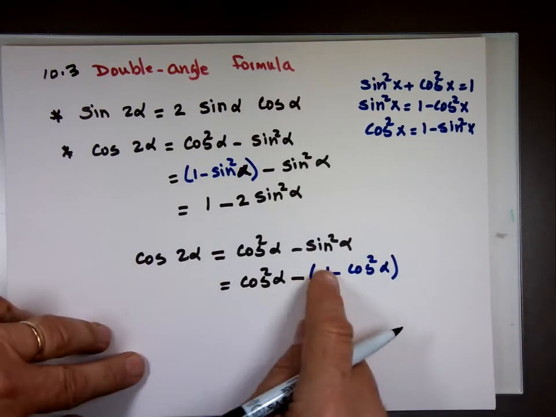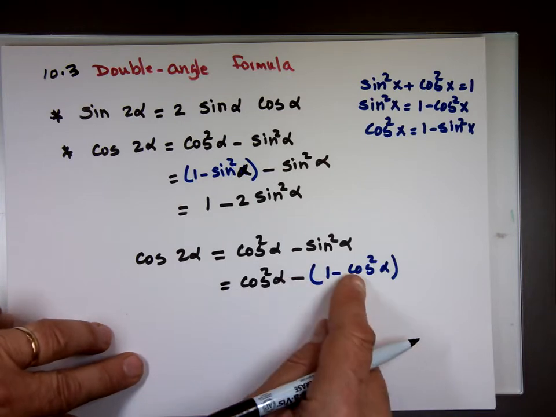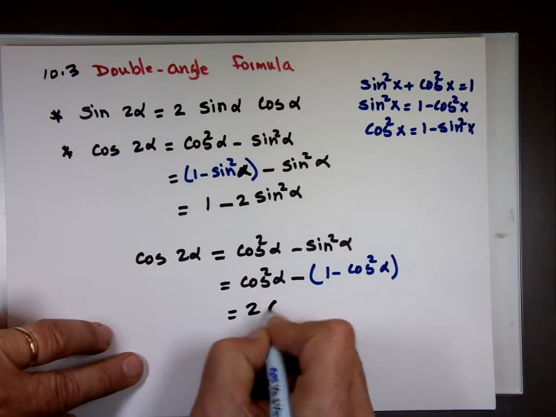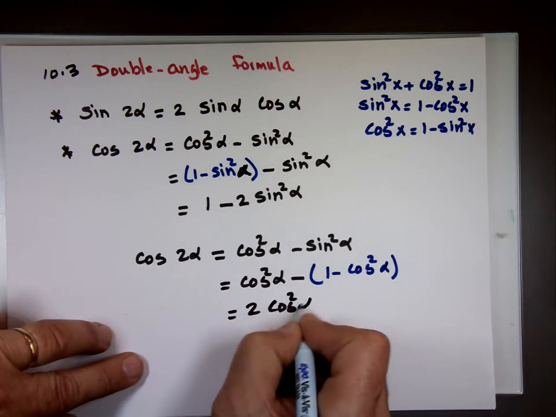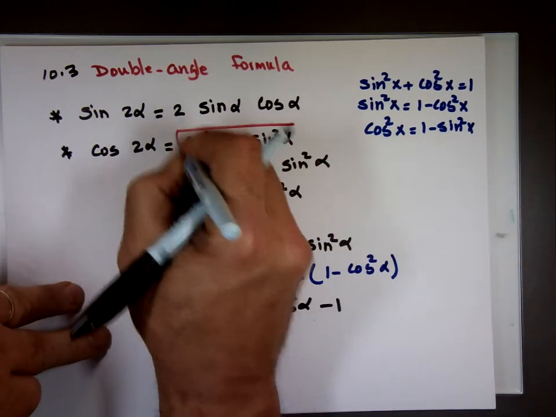It's going to make that a minus, going to make that a plus. See it? Plus. So what's a cosine squared plus a cosine squared? 2 cosine squared alpha minus 1. So that's why it looks like you have 3 of them. It's really 1. We just played with the other 2. We played with the algebra there. So this is one of them.